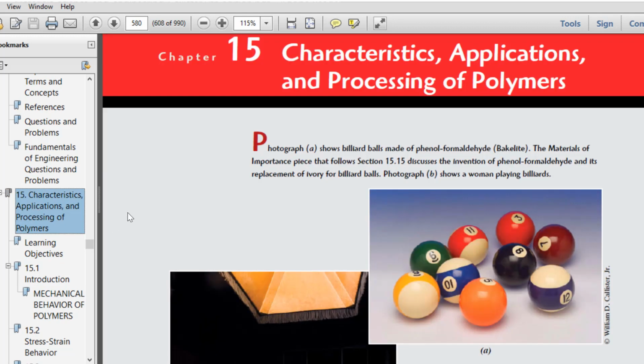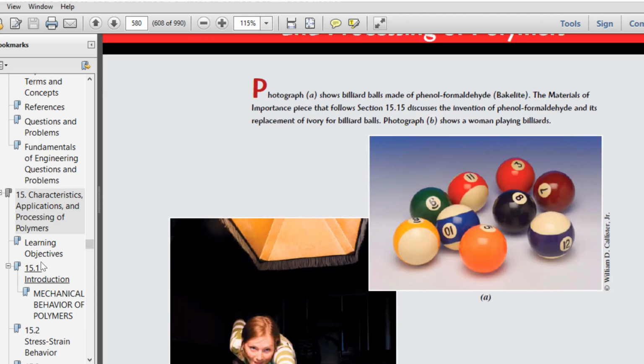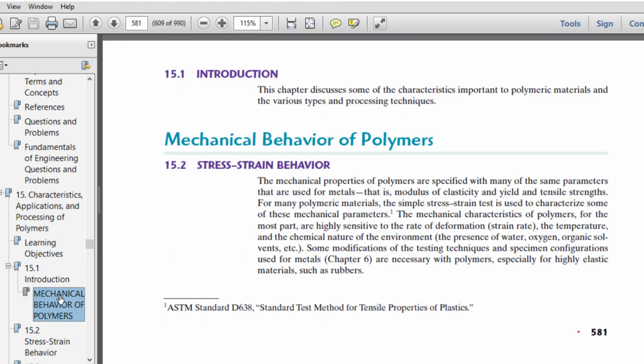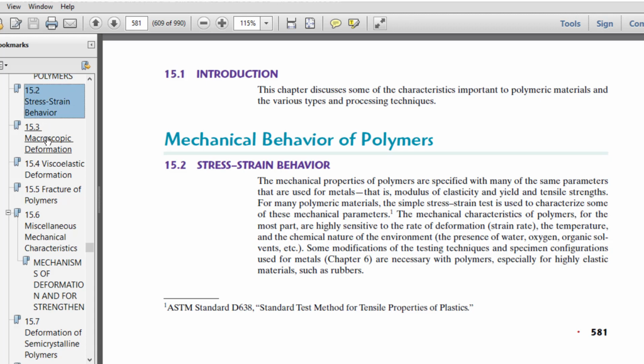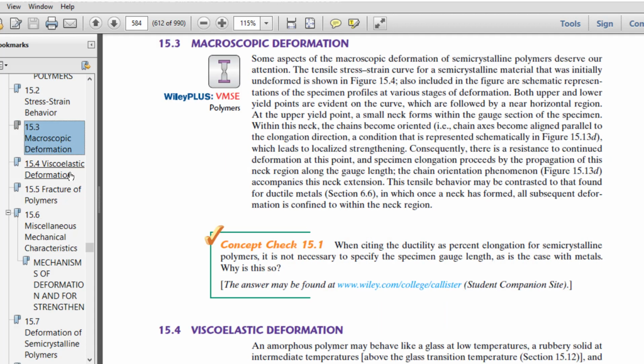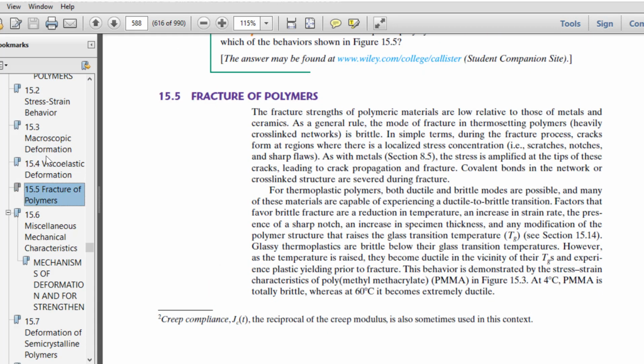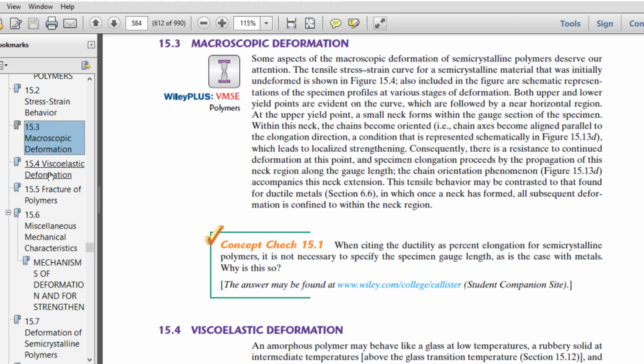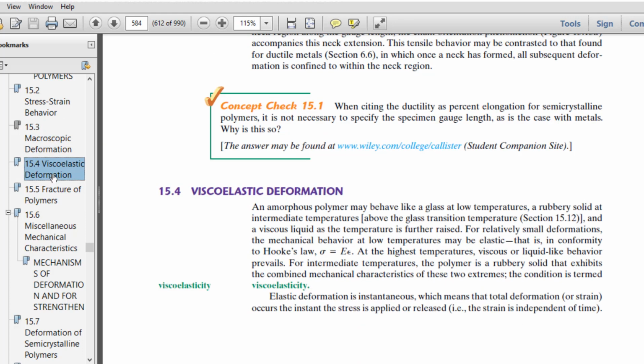Now chapter number 15. Chapter number 15 you can skip this completely, okay. Just there is a term, I think somewhere it is asked, but people do not ask in a very detailed way. They may ask what is viscoelastic material, like this.